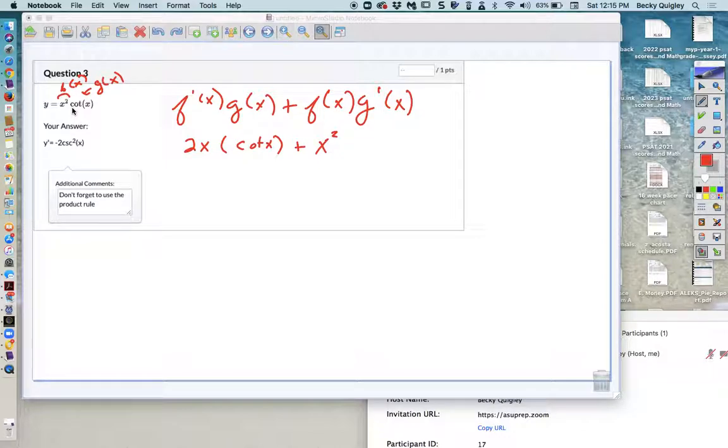And the derivative of cotangent x is, you have that correct there, negative cosecant squared x. So then your final answer is just 2x cotangent x minus x squared cosecant squared x. So you were close, you were just missing a few pieces there.